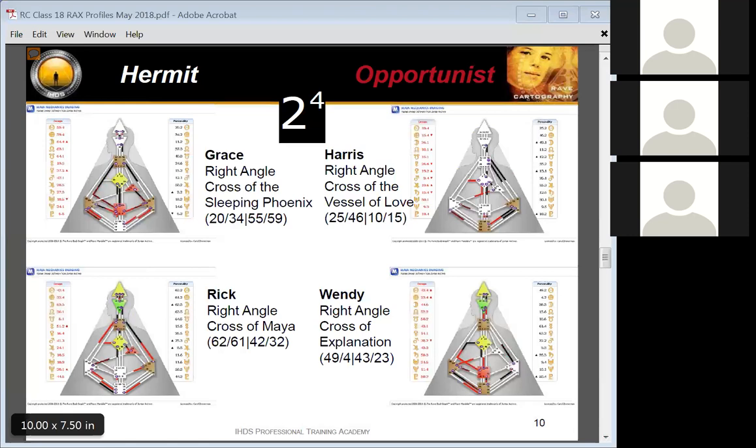You've got the right angle cross of explanation for Wendy. In fact, Wendy, I don't know if I've ever said this to you before, because I didn't notice it until last night when I was doing this, but my Chiron cross happens to be that exact same one, the cross of explanation, which, as you guys can see, I'm spending my day in and day out explaining things.